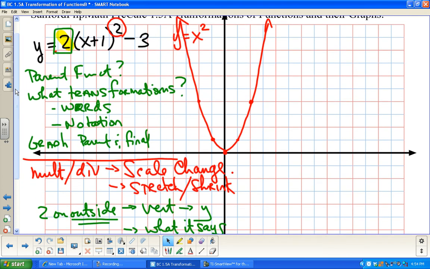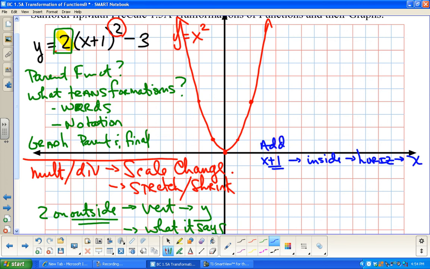Now, I have 2 things in terms of addition and subtraction going on. The x plus 1 is inside, so that means it's horizontal, which means it's about x. And addition and subtraction, remember, is a slide, a move, a translation.